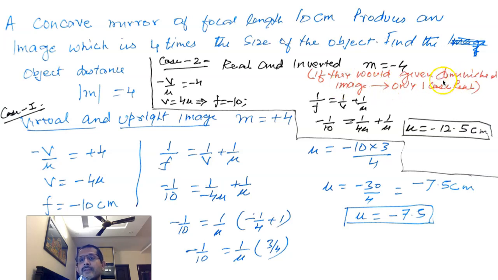So if they would have given the diminished image, it should have been only one case, real. This you need to remember.